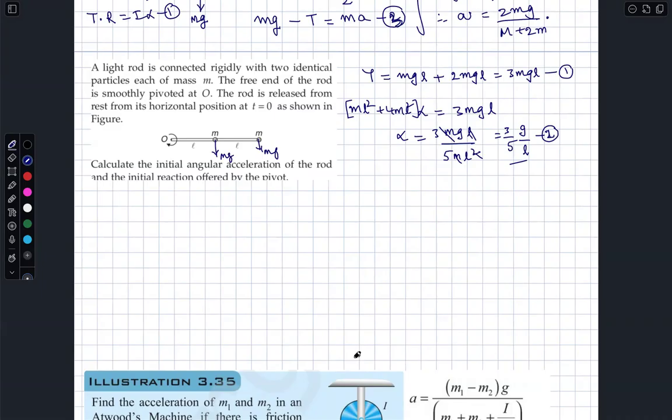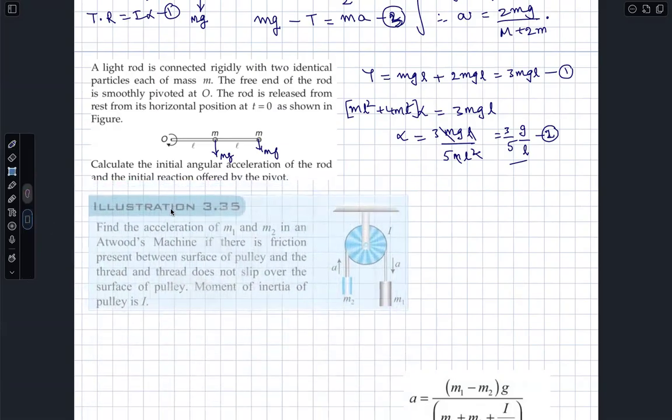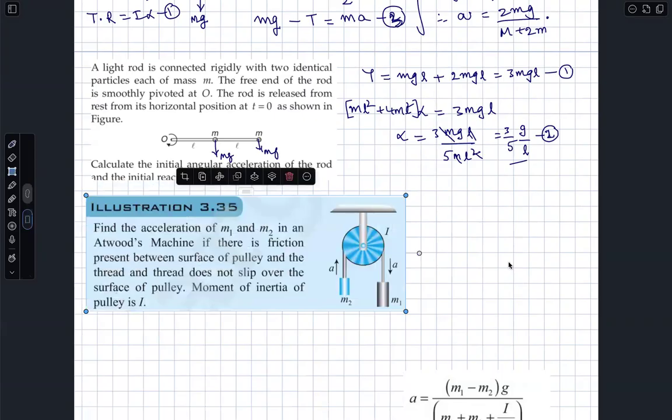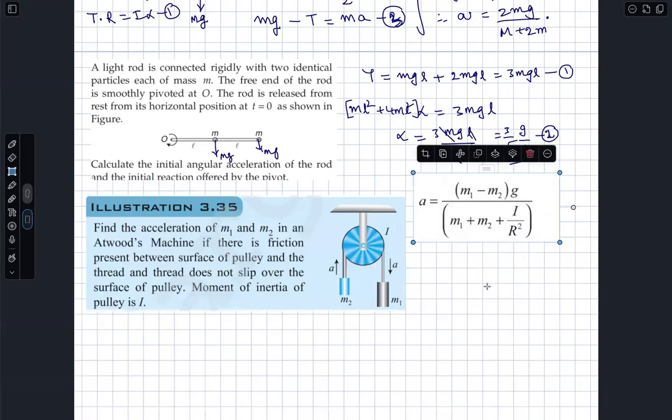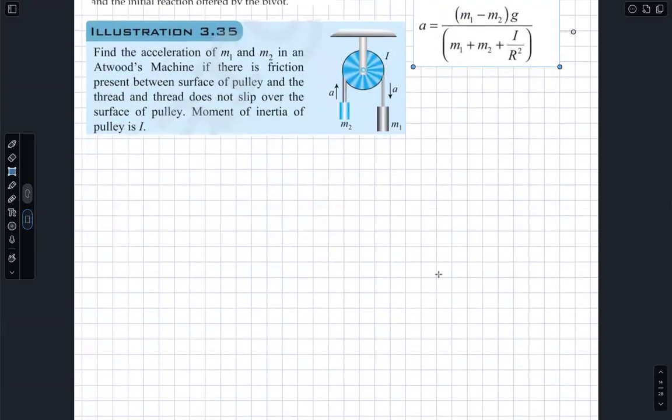Will take up one more problem. Right. With this, I'll close the class. Same repetition, boss.